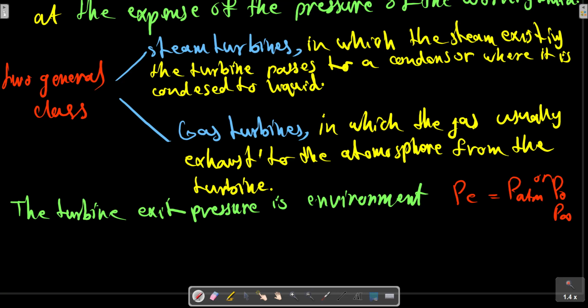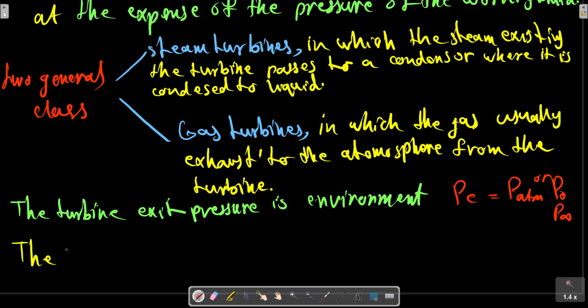In either type, the turbine exit pressure is fixed by the environment in which the working fluid exists, and the turbine inlet pressure has been reached by previously pumping or compressing the working fluid in another process.